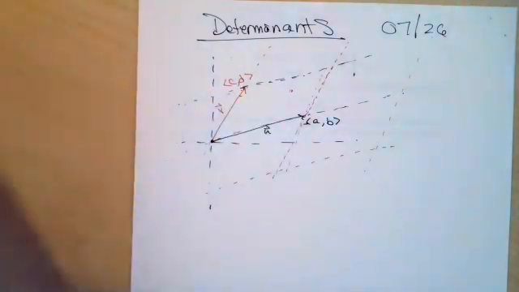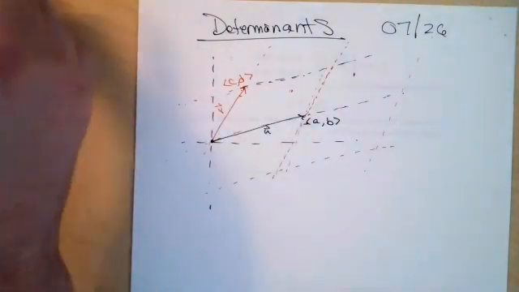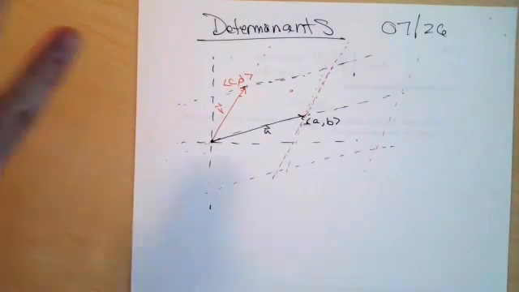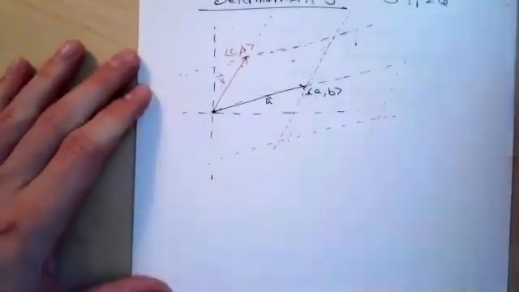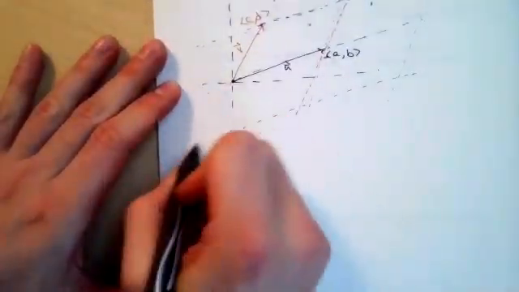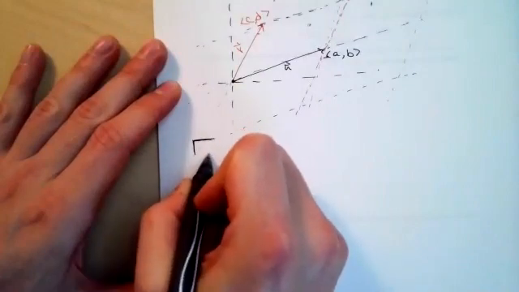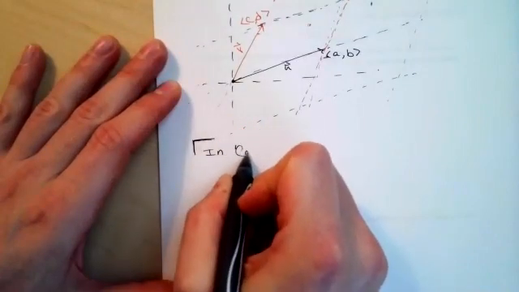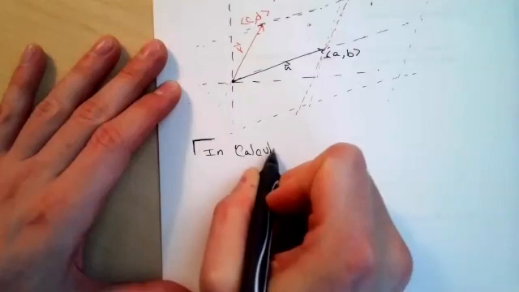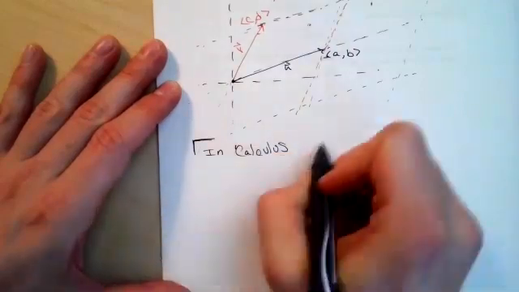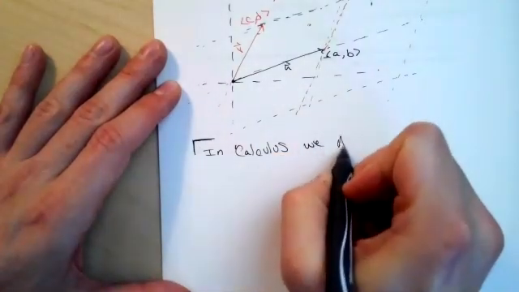What happens if we change to polar coordinates? What happens to our area differentials? So maybe we write some of this down. So in calculus, we have this area differential.